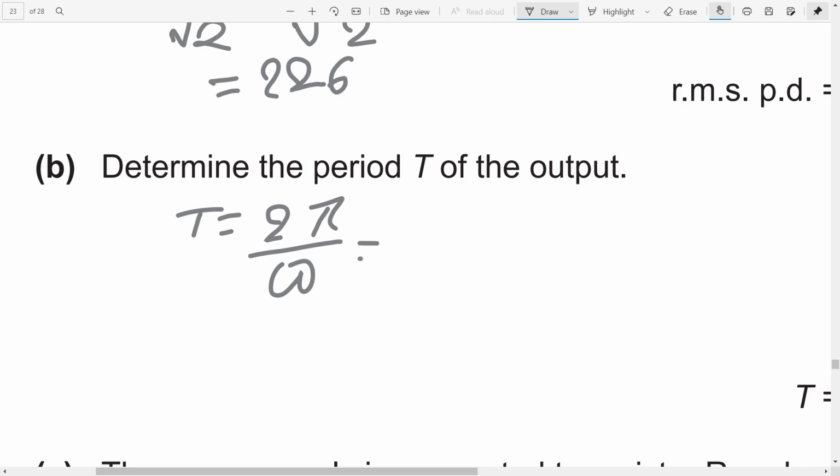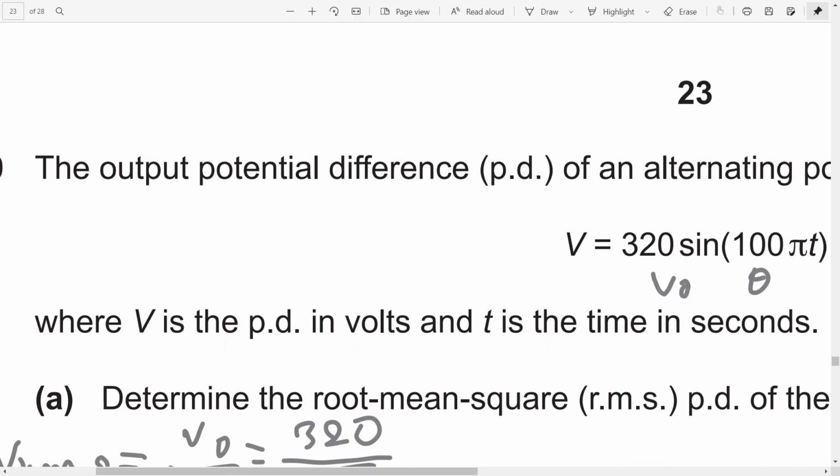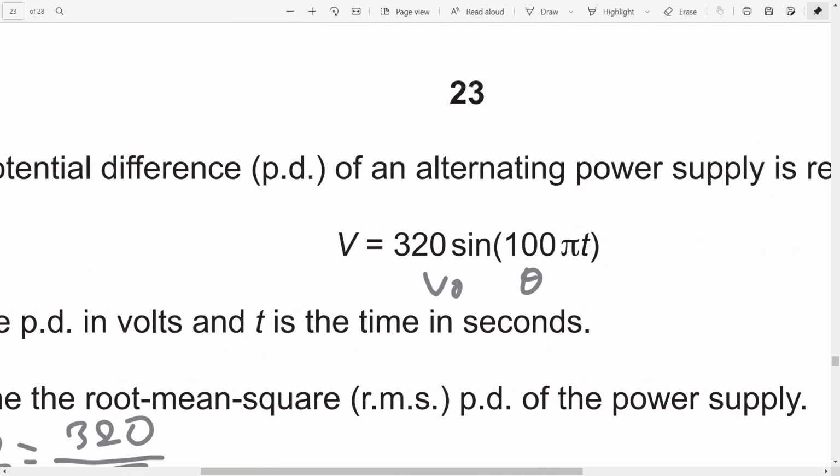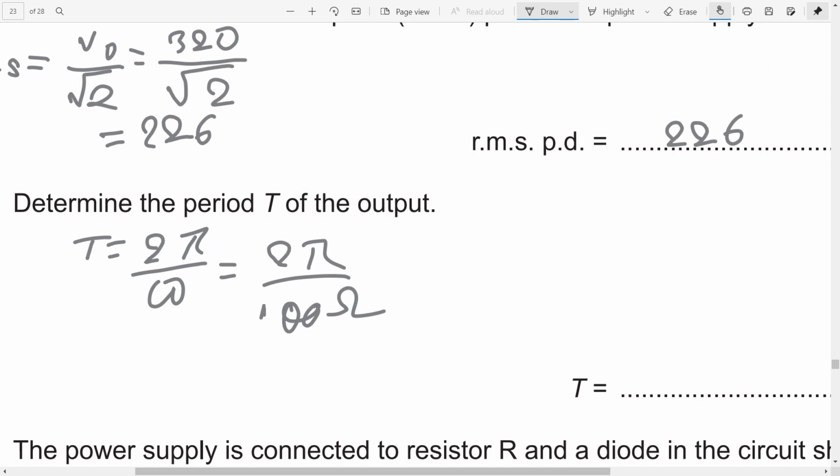So 2 pi over omega, we have got 100 pi. Sorry, this is omega. Yes, exactly, this is omega. So omega gives out 0.02. So the answer is 0.02.